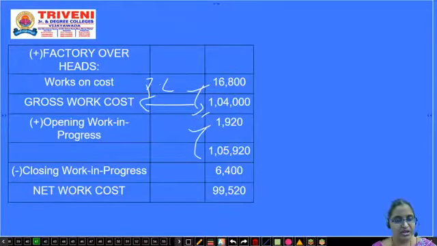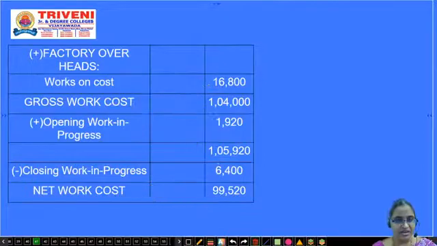The closing work in progress given in the problem, work in progress on 31st March, the amount was 6,400. Now 1,05,920 minus 6,400, you got the amount 99,520. It was named as net work cost.